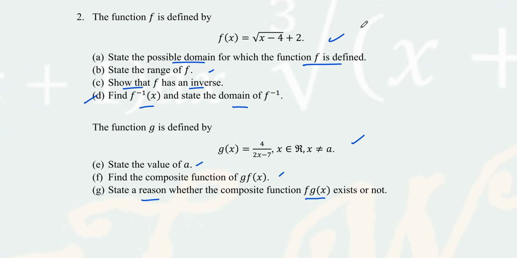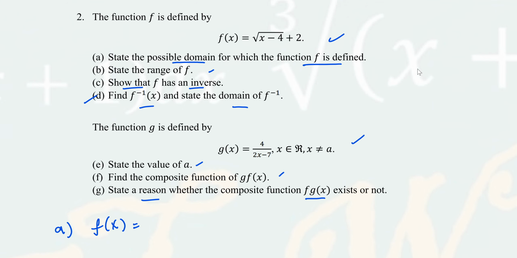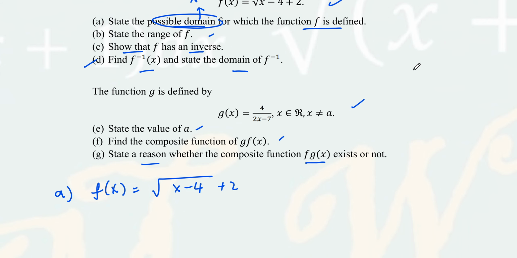Okay, so it's a long question over here. So let's start with A, my f(x) is square root of x minus 4, plus 2. Now, to get the domain, remember the domain refers to the set of x values for which function f is defined. So our x is inside the square root.